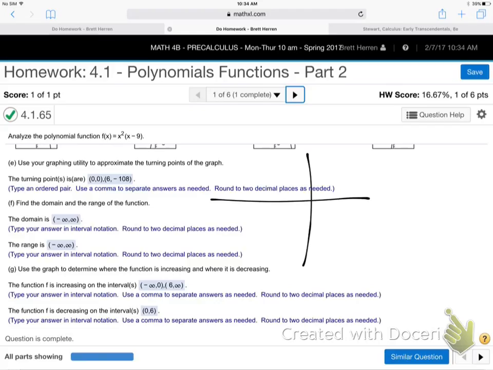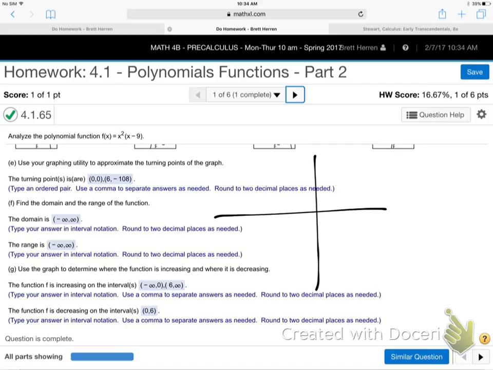Again, what did the graph do? It's supposed to climb, supposed to increase. The graph was increasing from negative infinity to 0. It maxed right there, then came down, and then went back up.